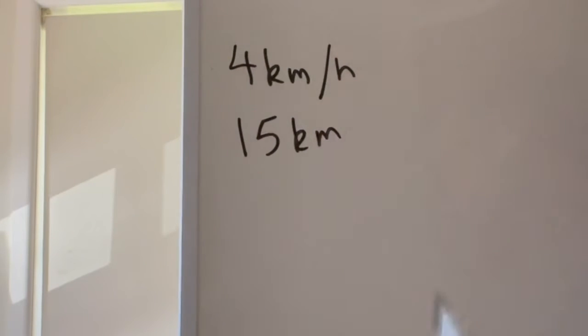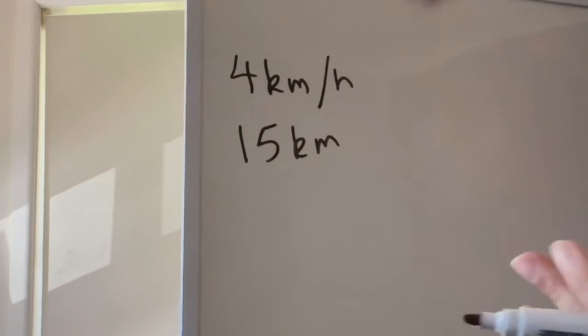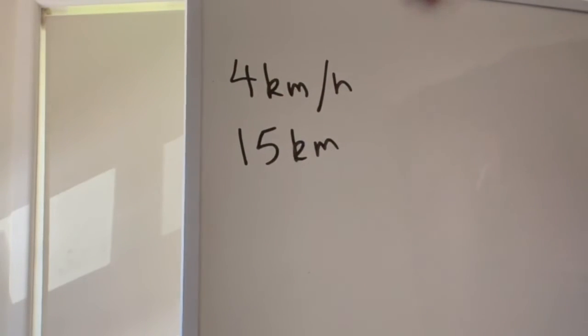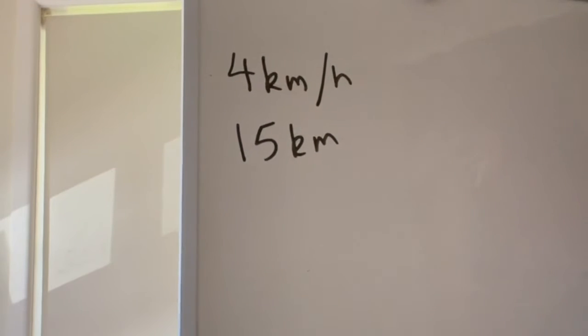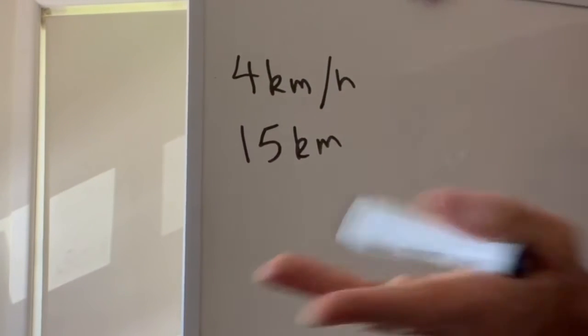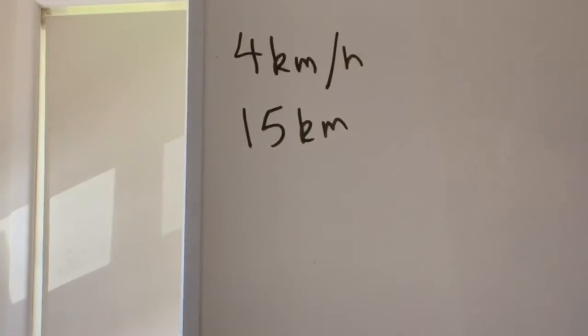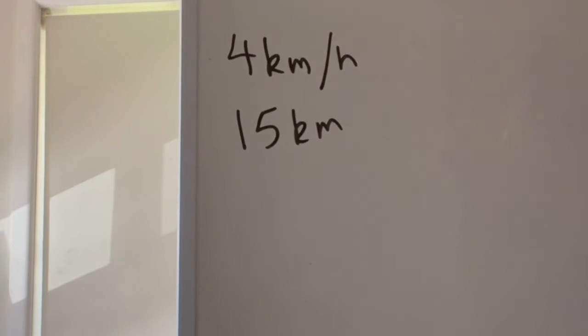This is a really classic sort of problem, where we have the walker, the hiker, or a runner, and the story will go that they've travelled a certain distance at a certain speed. Here our hiker has travelled 15 kilometres at 4 kilometres per hour, and we ask how long it takes them to complete that.